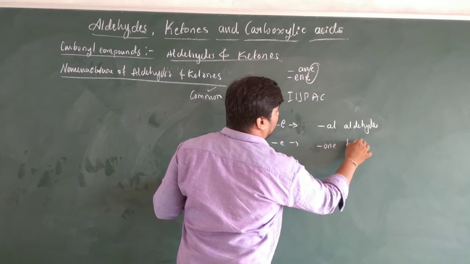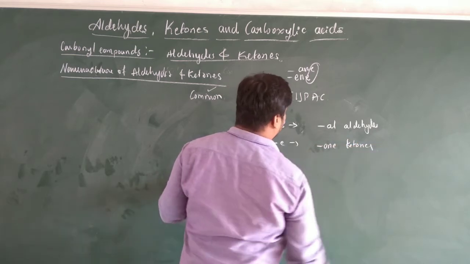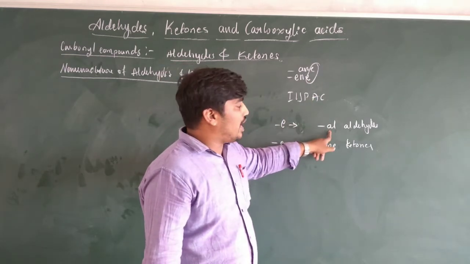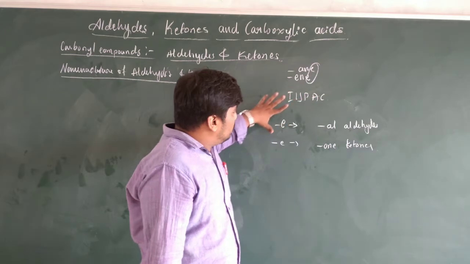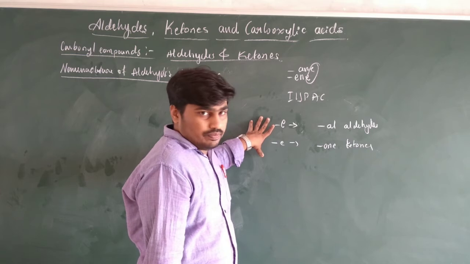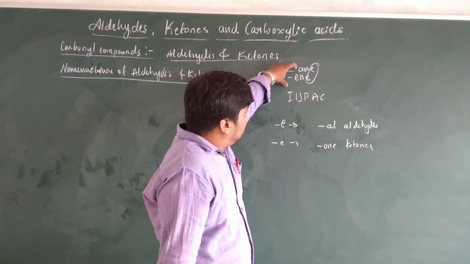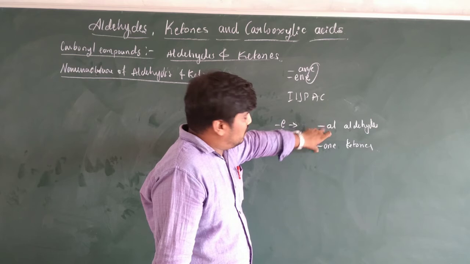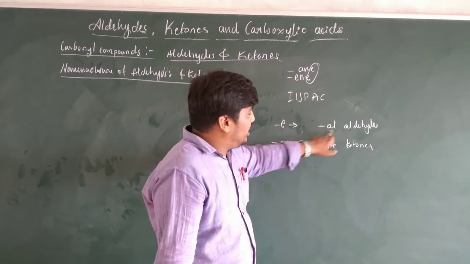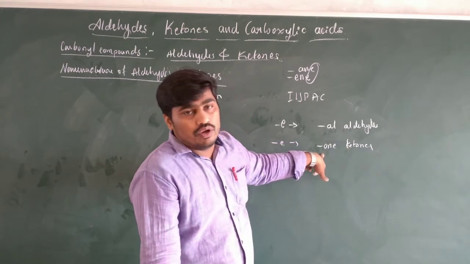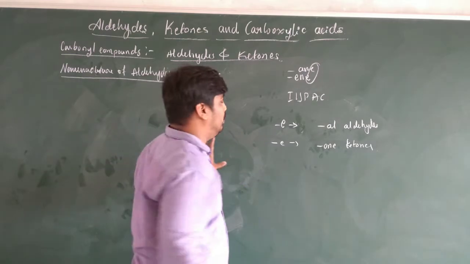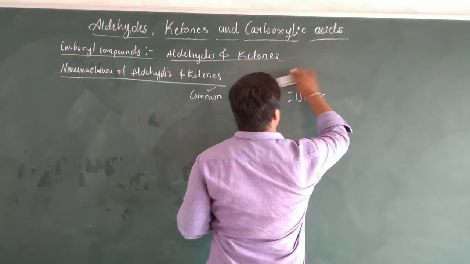So the suffix of aldehyde is Al, and the suffix of ketone is one. These are the important things we should remember during the nomenclature of compounds.